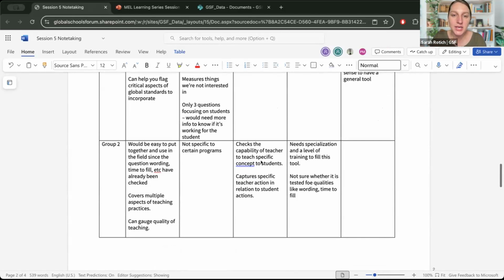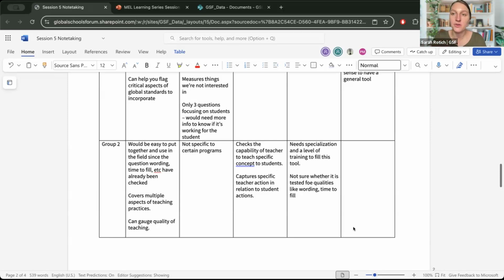And similarly, a tool like the UFly Foundations one checks the capability of teachers to teach the specific concepts to students. So you're able to get at those really specific concepts, not just general things, and specific teacher actions in relation to student actions. That's a really great point.